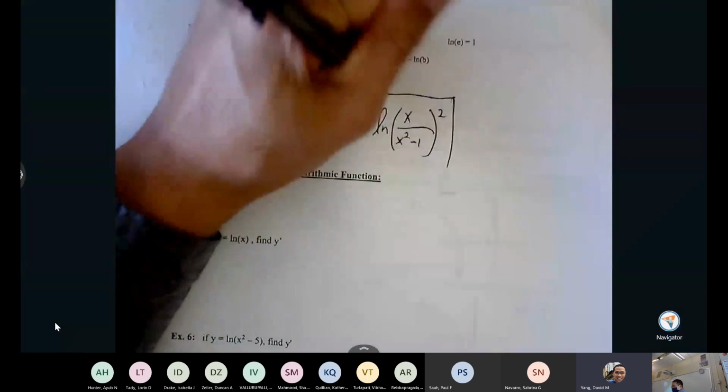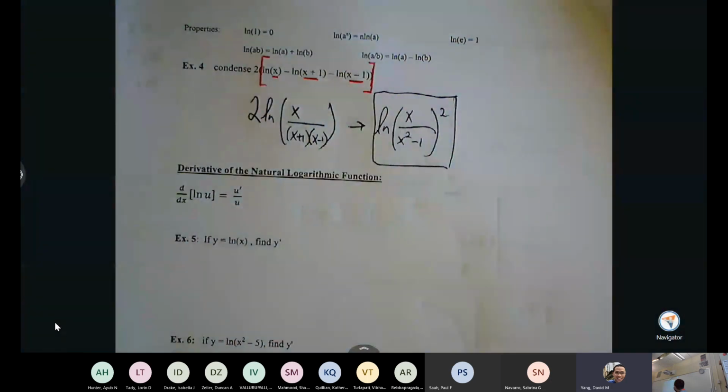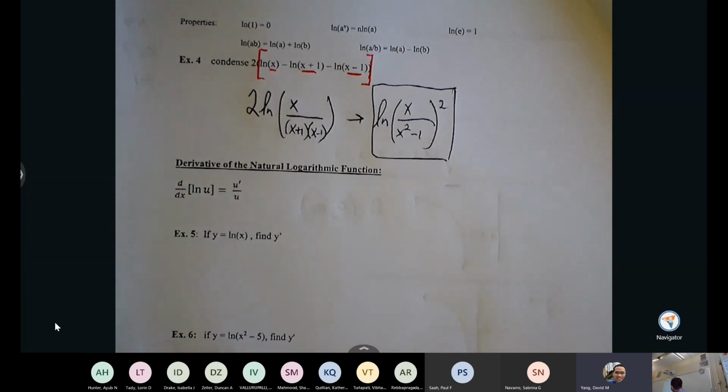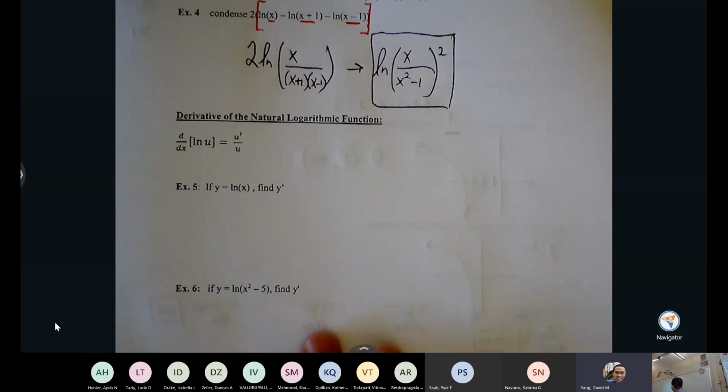But the 2 has to come up. Okay, any questions?